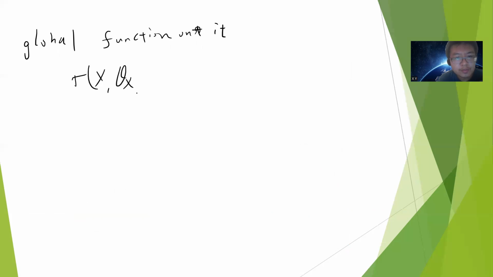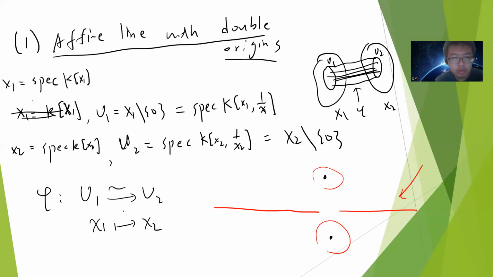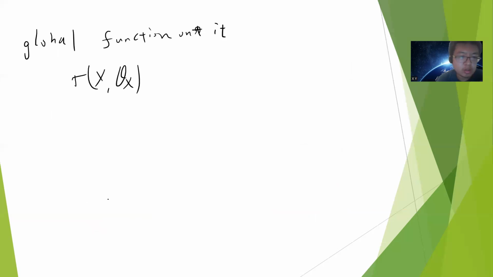Now we need to calculate the global functions on it. Since we are gluing U1 and U2, the global function on U1 should agree with the global function on U2.